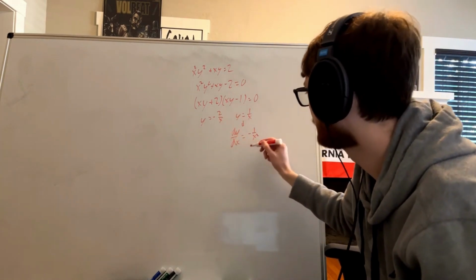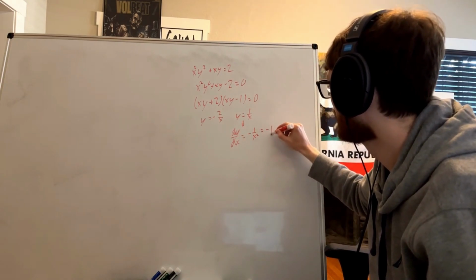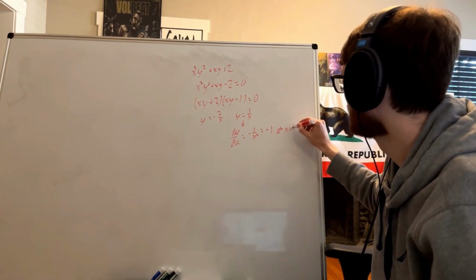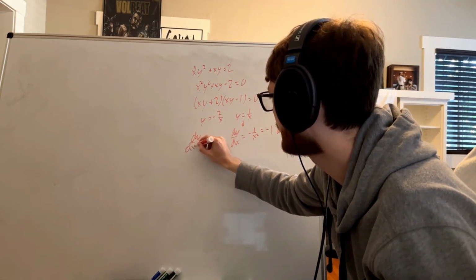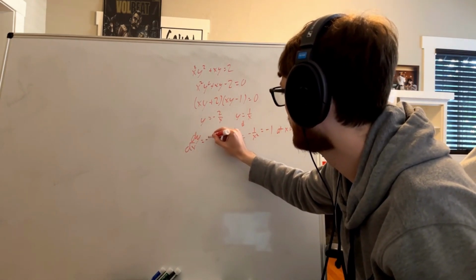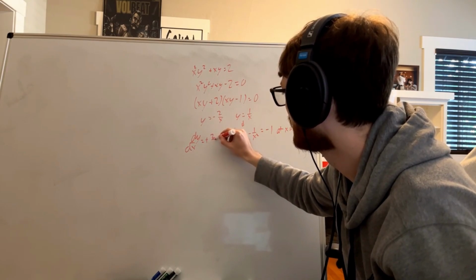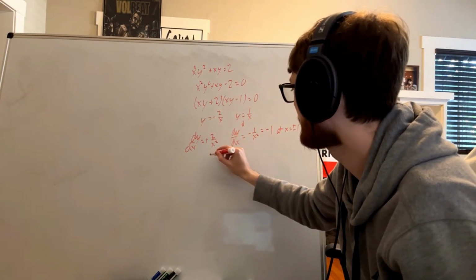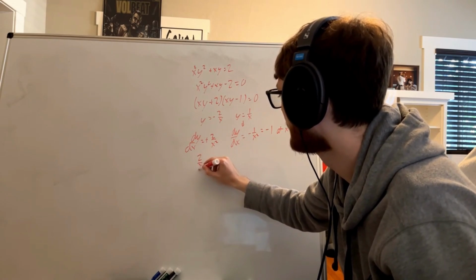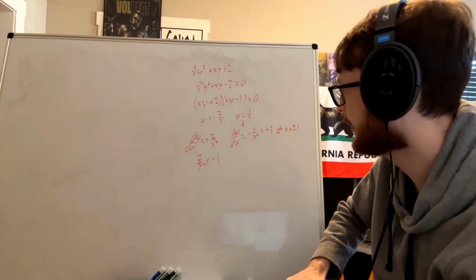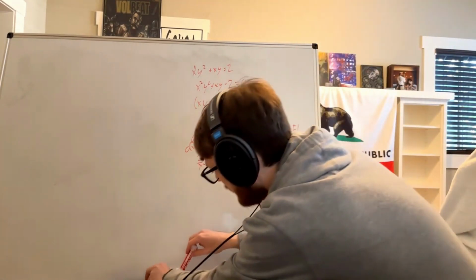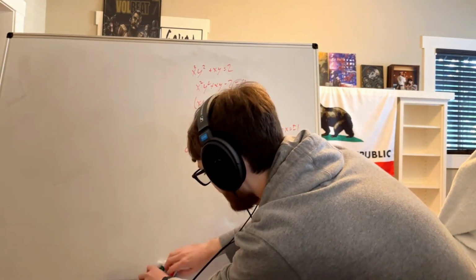And for this one, if we were trying to do the same logic, we don't get any solutions. Unless you want to include complex values, we don't get any solution out of that one. Okay, I can buy that.